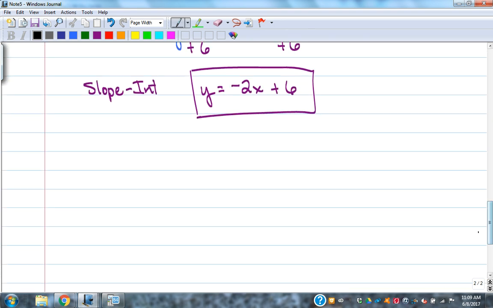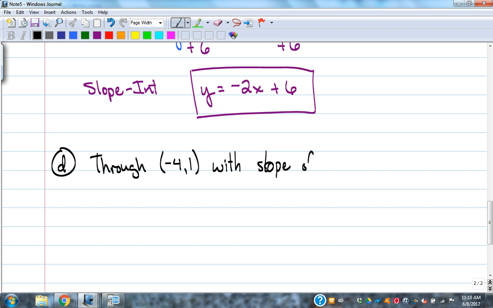And the D, let's say they want us to go through negative 4, 1 with slope of negative 3. This is actually example A again, but we're going to do slope-intercept form this time.